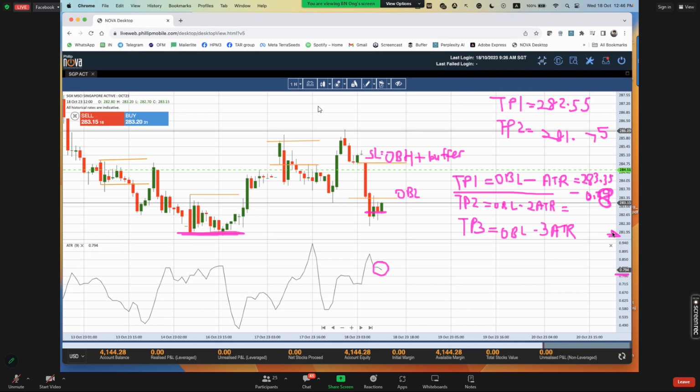Can anybody give me the OBH level? Okay, 284.8, right? OBH has only one number. Thank you. And then what about the stop loss? If the stop loss is every time I add 0.2, then where is the stop loss?